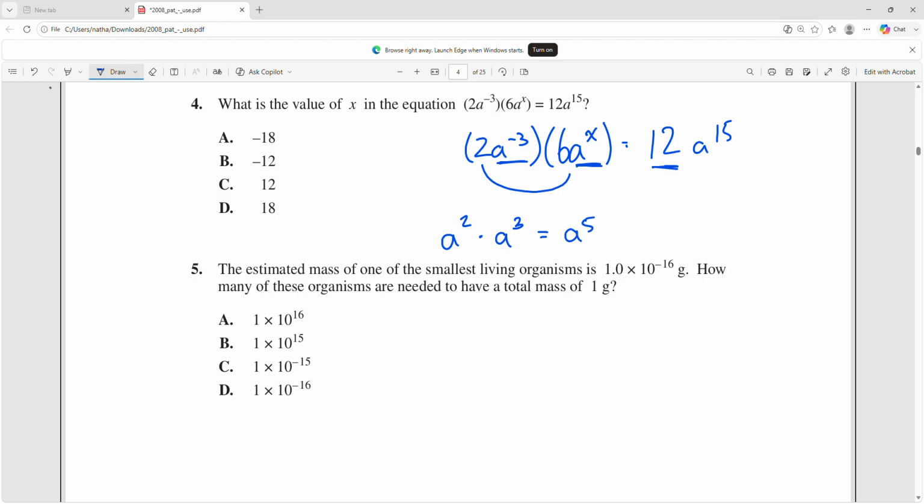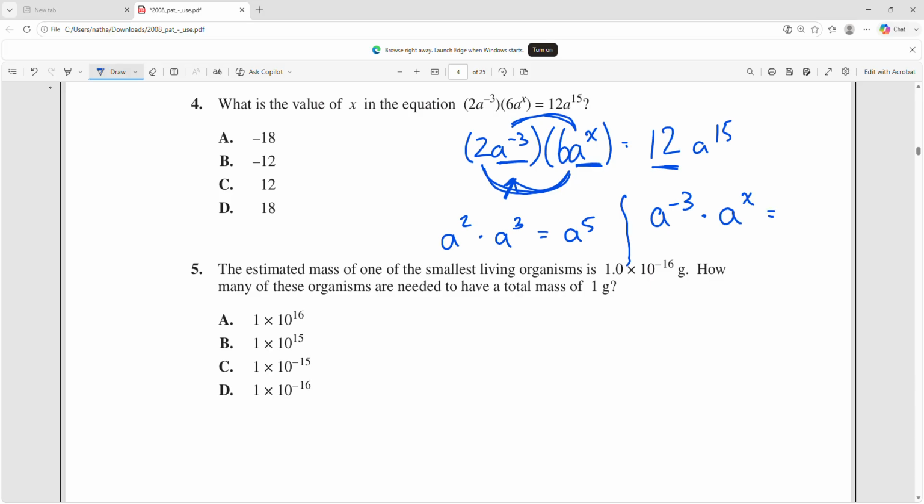So here up above in this question, I've got a to the -3, because we multiply our numbers that we know, and then we can multiply these together, right? Our unknowns, our variables, like our letter A. So I've got a to the -3 times a to the something we don't know.